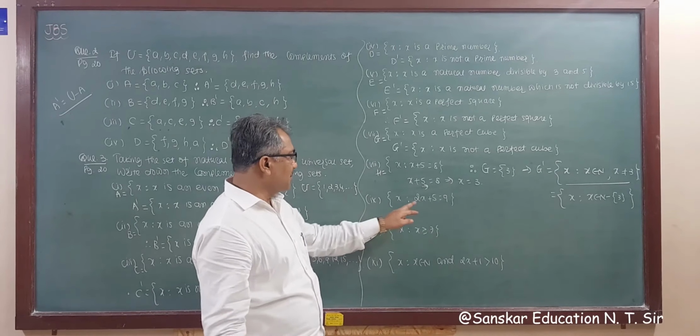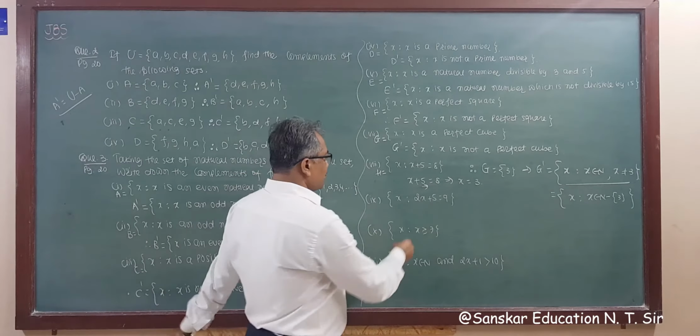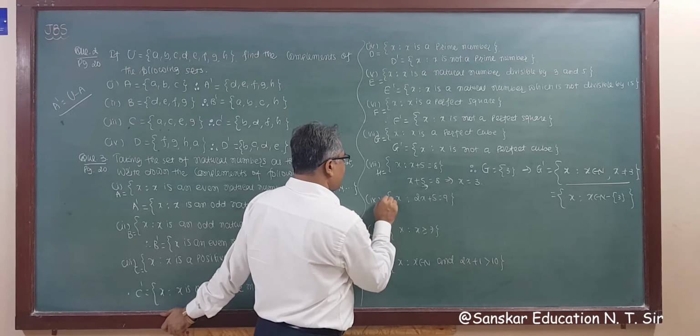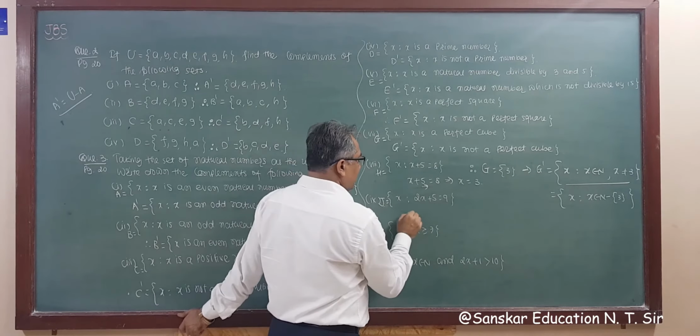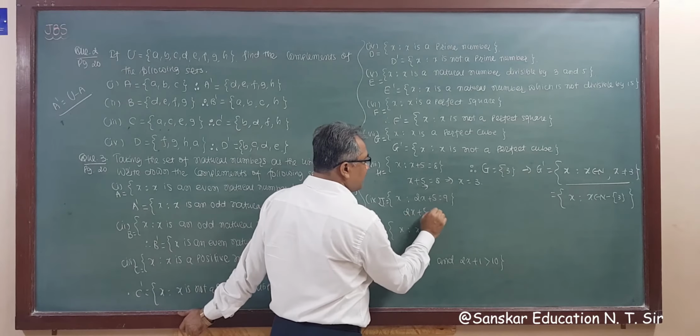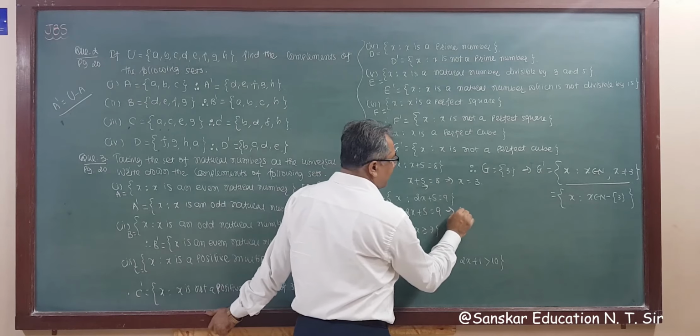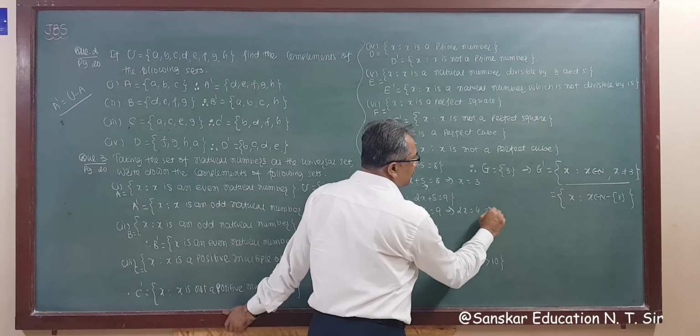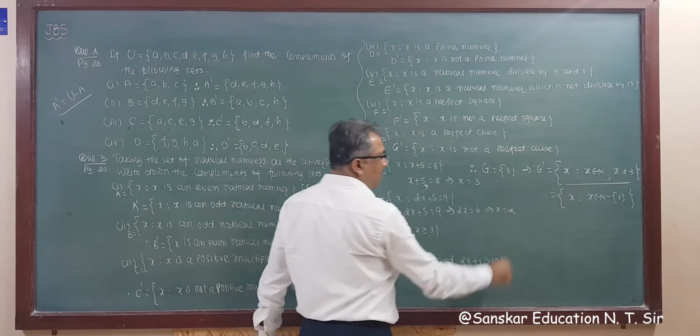Similarly, this, twice x plus 5 equal to 9. So if we say this is set I, suppose not, I am taking J. So this is set J. Then twice x plus 5 is equal to 9. So this implies twice x is equal to 4. So this implies x is equal to 2.